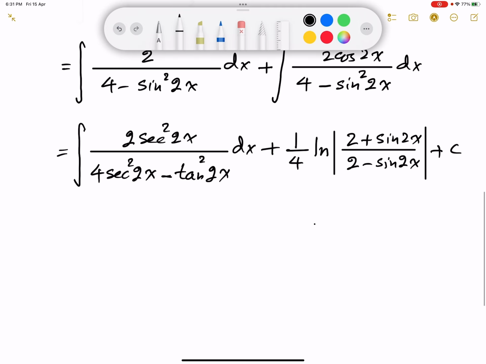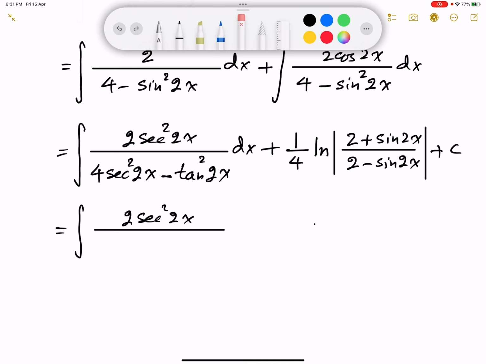So what we can do here is rewrite the secant squared in terms of tangent, which is tangent squared plus 1. So that is going to be equal to the integral of twice secant squared 2x over 4 tangent squared minus tangent squared.